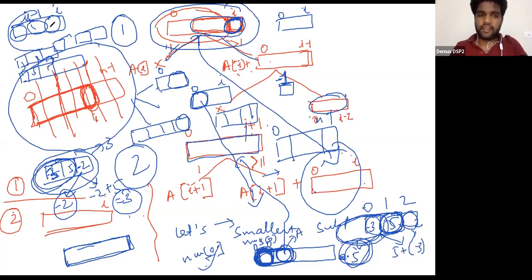If I do it like that, then when I'm doing it for 0 to i, I will be using the max of A[i], comma, A[i] plus dp[i-1]. Whatever I get from i minus 1, I will use that and update my dp[i]. Let's see the code. Things will become more clear.